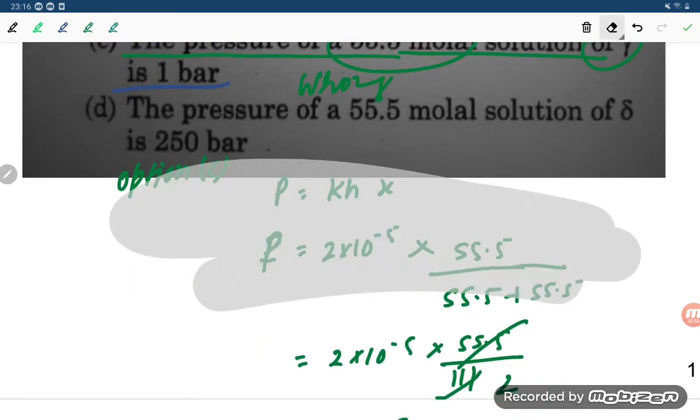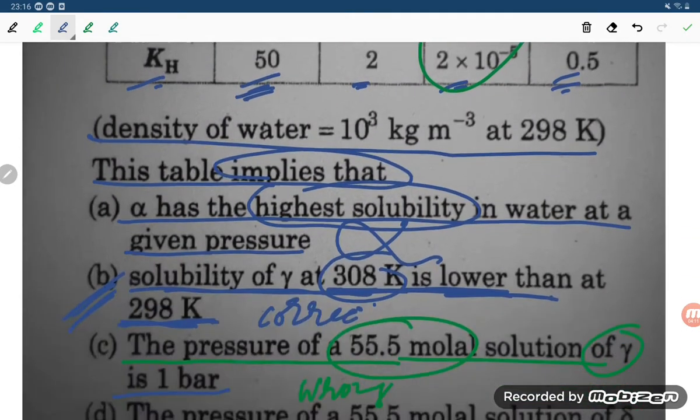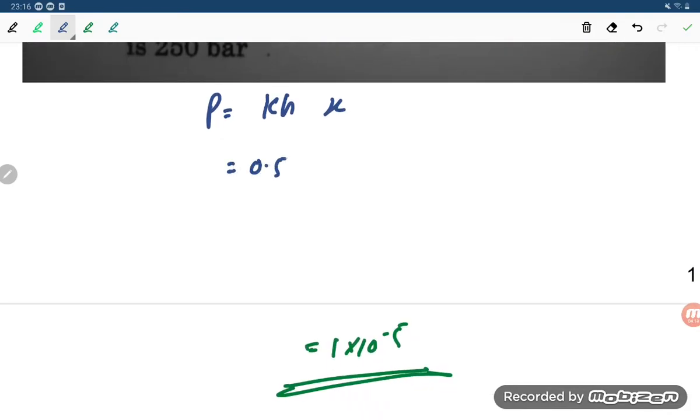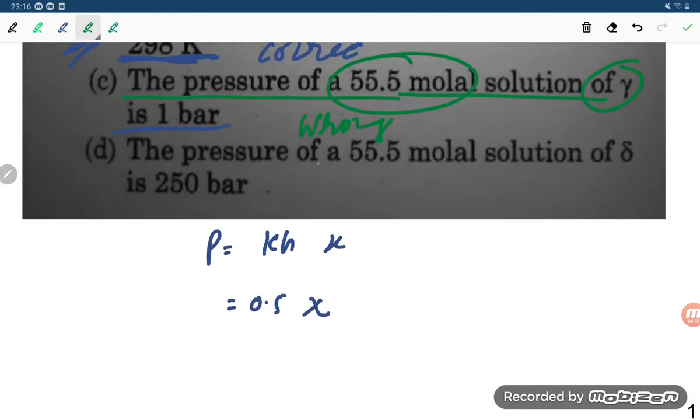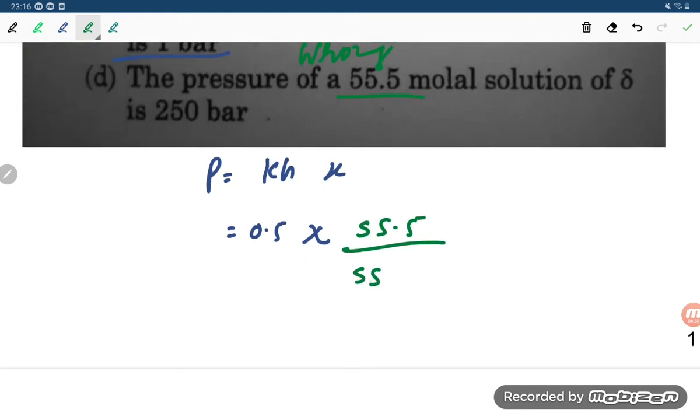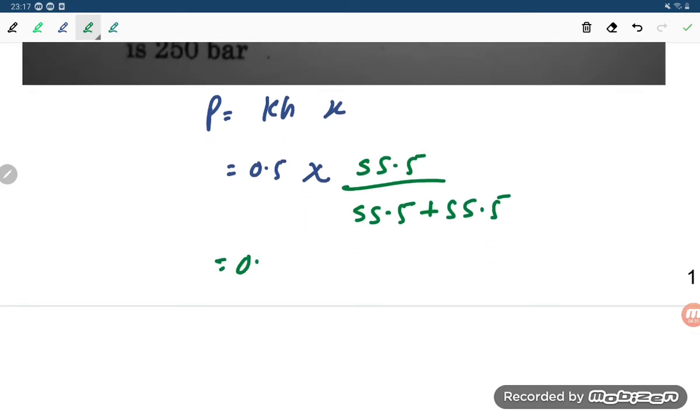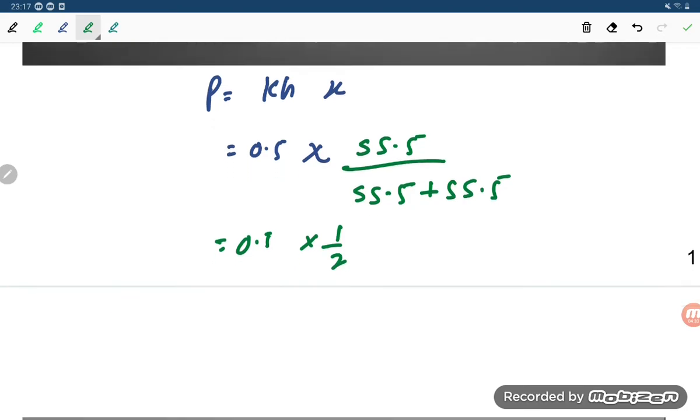Let us take up option number D. What is option D saying? The pressure of a 55.5 molar solution of delta is 250 bar. So P is equal to KH X, for delta KH value is 0.5. To calculate X, the moles are given, 55.5 divided by 55.5 plus 55.5, that is 111, so it is 1 by 2.